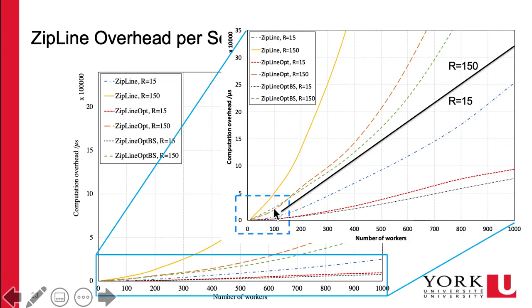That is because ZipLineBS uses the matrix for information retrieval that costs extra time. However, when the number of workers increases, that also means the number of data points increases, and the information retrieval cost can be amortized over many operations here.